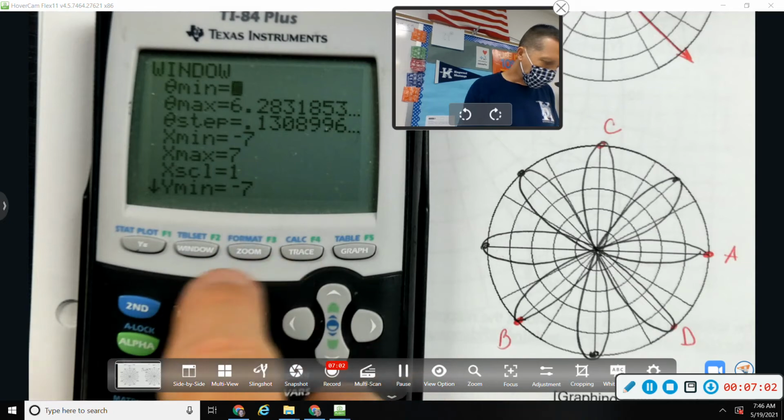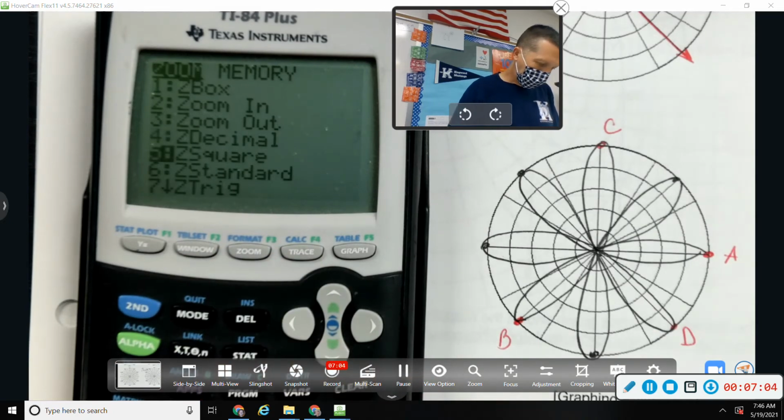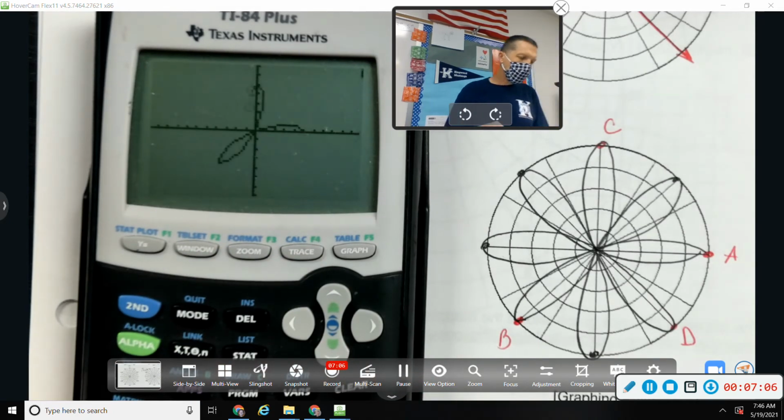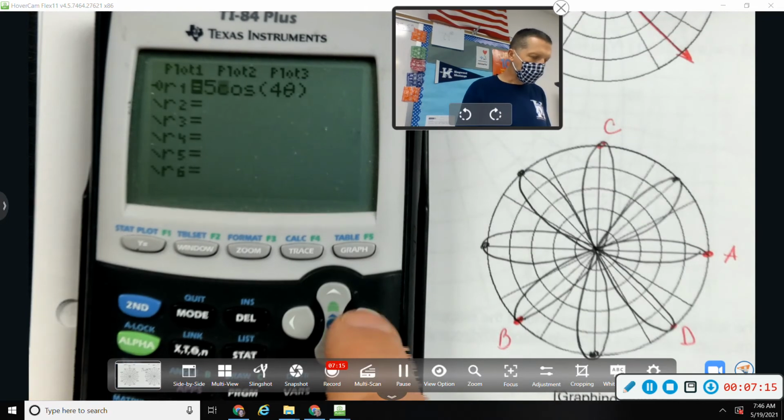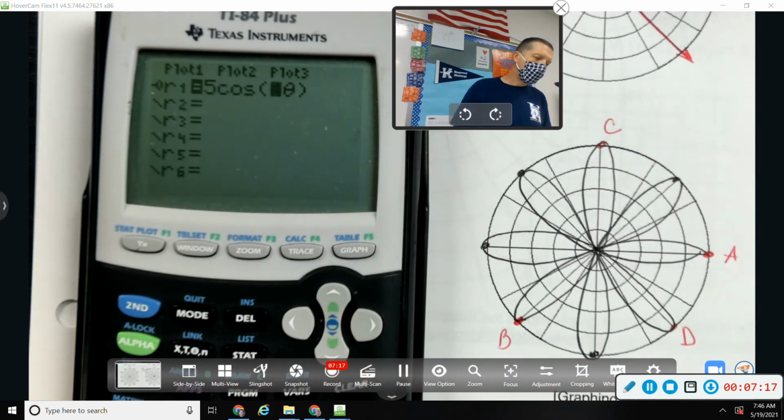Calculator is also fun because you can put crazy graphs in there, and now that you know how to make crazy graphs, like what if I wanted there to be 12 petals, what would there have to be? 6. Or what if they wanted to be 20 petals?